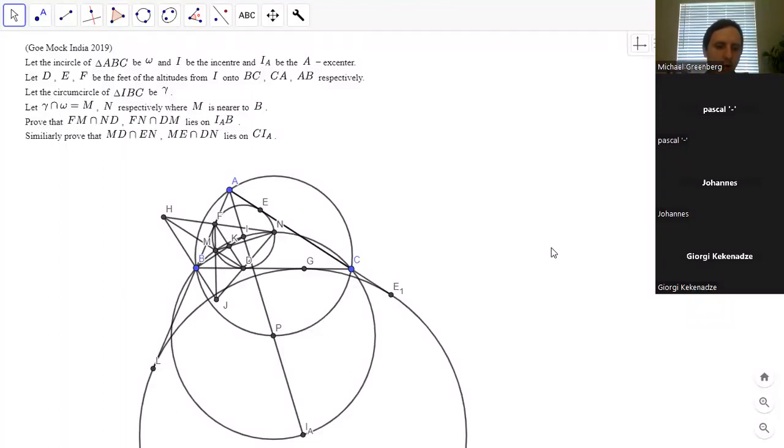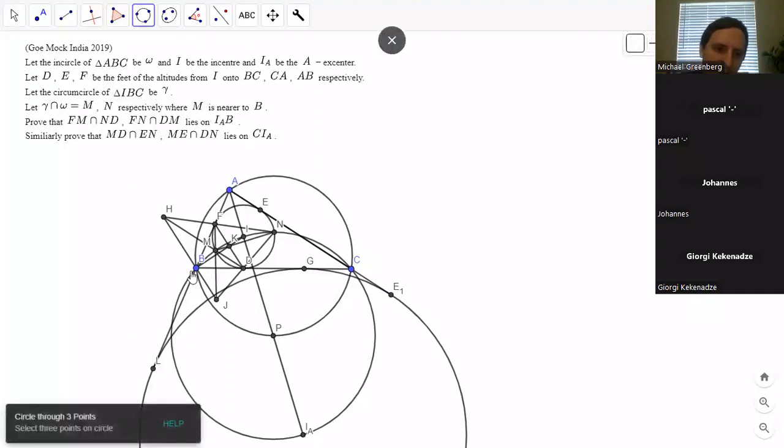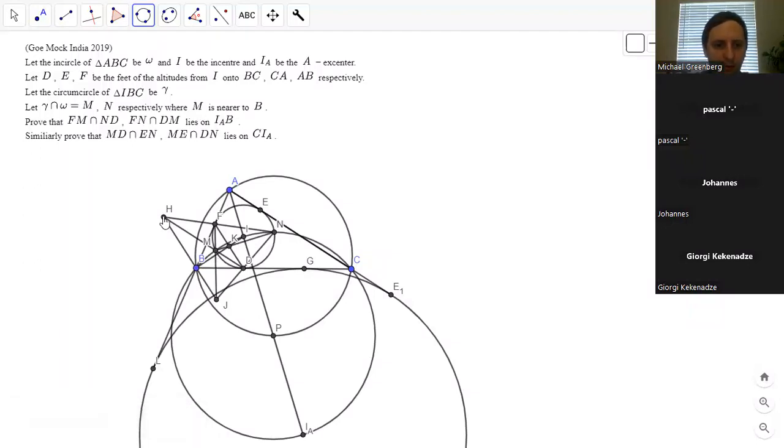I think, is that just a well-known fact? I think it's a well-known fact that, what do you call this point? The Miquel point. I think it's well known that IK passes through the Miquel point of the quadrilateral. So like B, yeah, is the Miquel point.